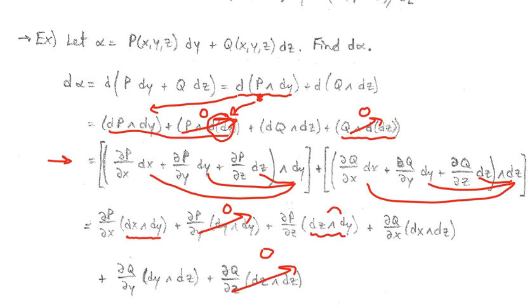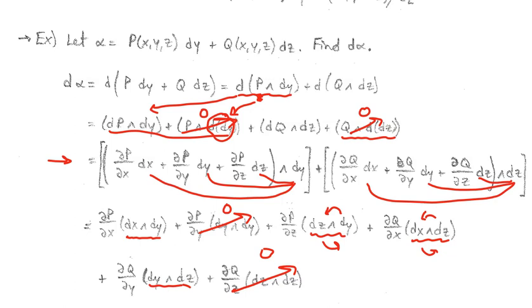We need to switch these guys, and when we switch them, we multiply by a -1. This would be a dx dz here. That's not right. We have to switch these guys as well. When you switch them, you multiply by a -1. And this guy right here is a dy dz. That's one of our correct cyclic pair orders, so we leave that as well.